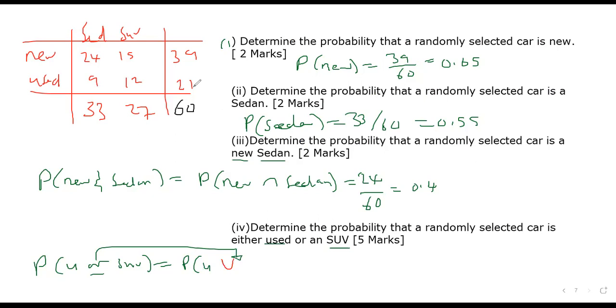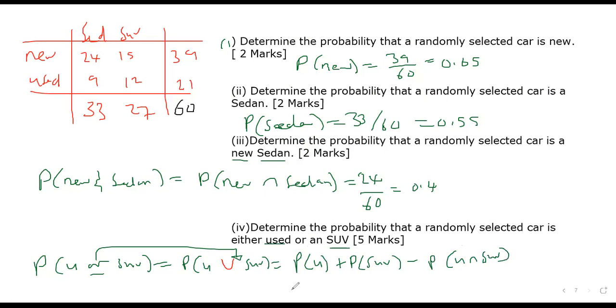So used union SUV. How do you break this one down? A bit of used plus a bit of SUV minus a bit of used intersection SUV.